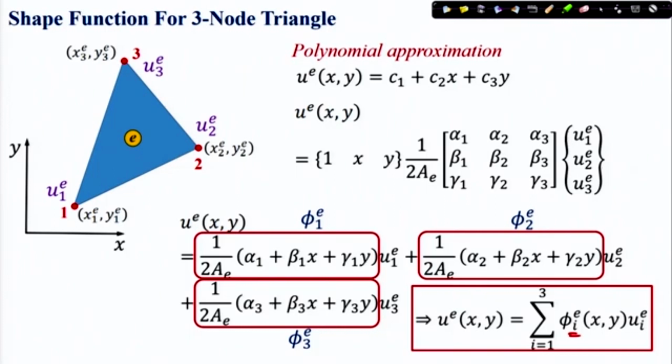So you see, the same philosophy we applied to get the shape function for this element. Now let us take an example and actually compute the shape function, get the expression of the shape function, and then see what properties the shape functions have and how they look.